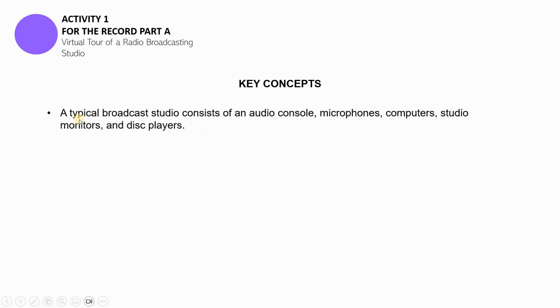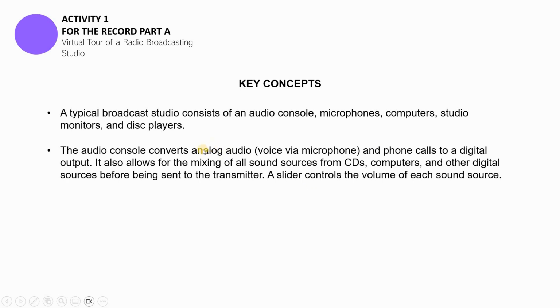So you will always be seeing these materials in a typical broadcast studio, which could actually be added to with other materials as you progress from a basic recording studio to a more complicated one. And then the next key concept is that the audio console converts an analog audio, that is the voice, via microphone and phone calls to its digital format.